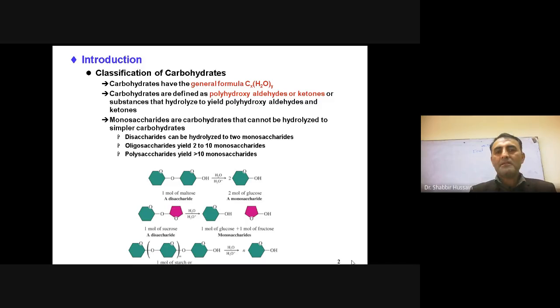Through another way, carbohydrates are defined as polyhydroxyaldehydes or ketones, or substances that hydrolyze to yield polyhydroxyaldehydes and ketones.